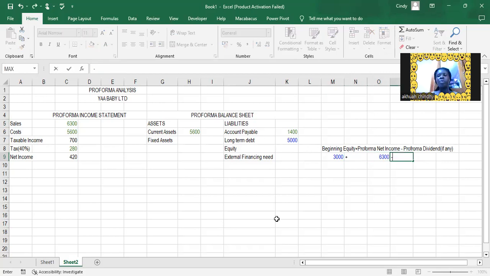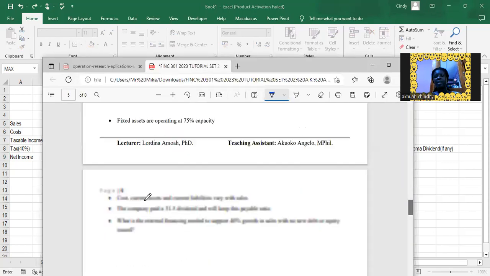So in our question, we'll go back to our question. You see that the question said the company paid 31.5% dividend and will keep this payout ratio, that's the dividend payout ratio. So it's a percentage, right?